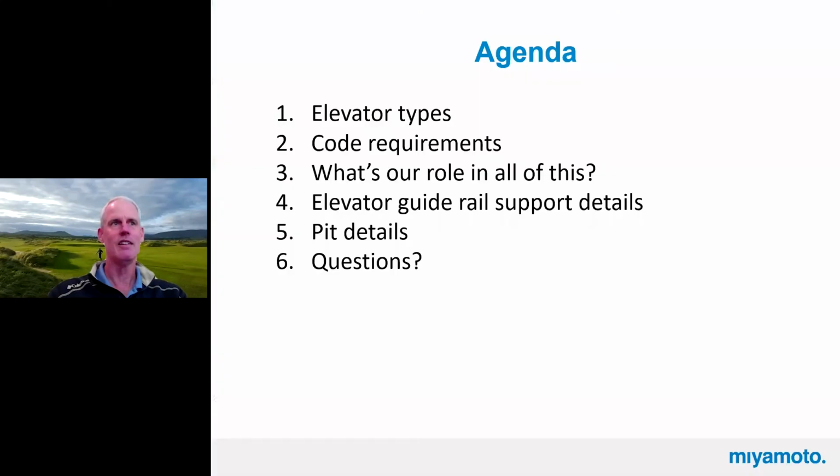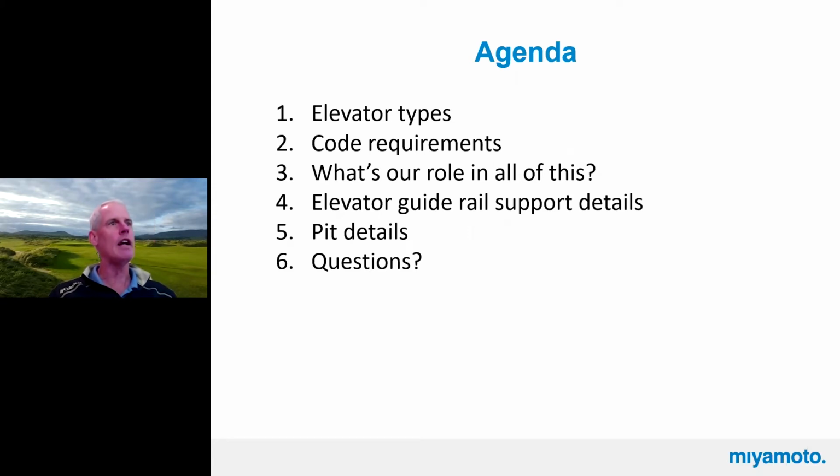So here's our agenda. Talk a little bit about elevator types because they're not all the same. In fact, I'm going to just talk about the two most common types, and there's 10, 15 different variations of all those. What are some of the code requirements, things we need to know about? What's our role in this whole process?